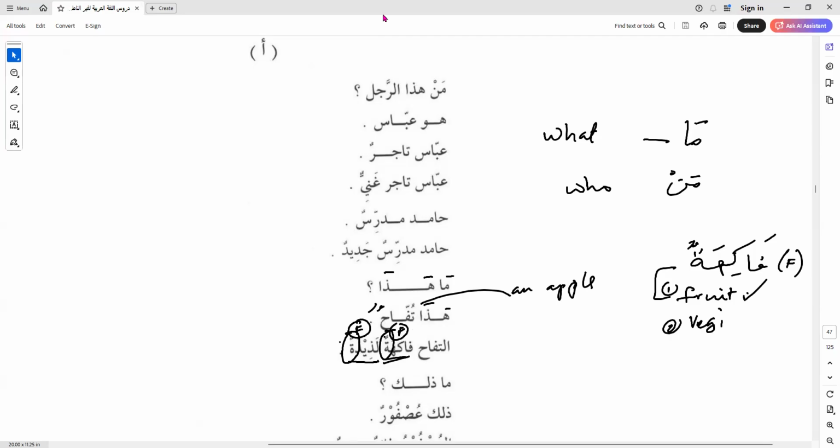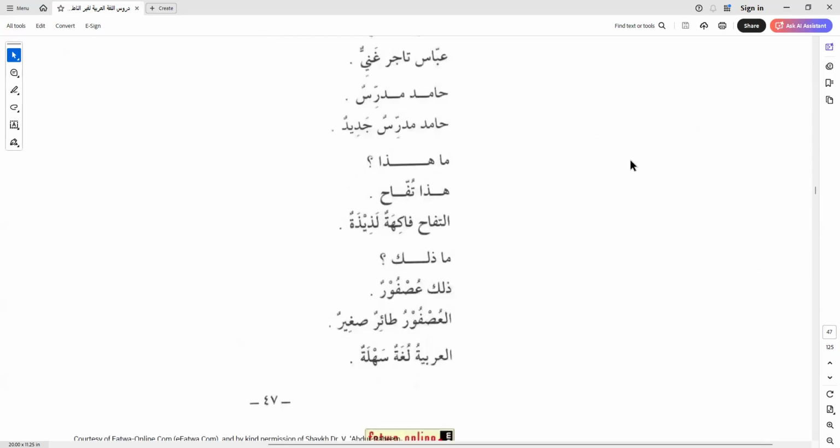ما ذلك؟ What is that? Remember هذا and ذلك. ذلك عصفور. That is a sparrow. A sparrow is a very little brown bird.